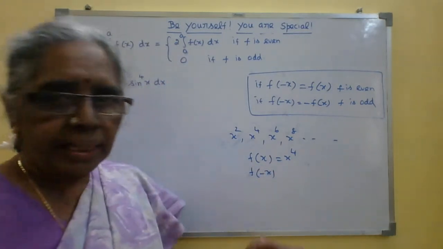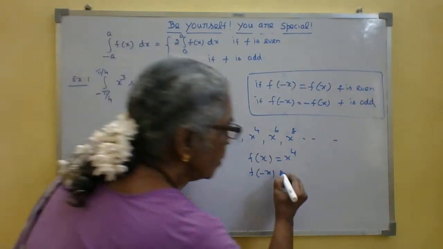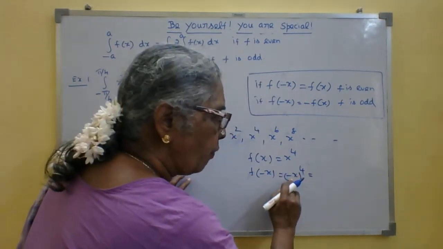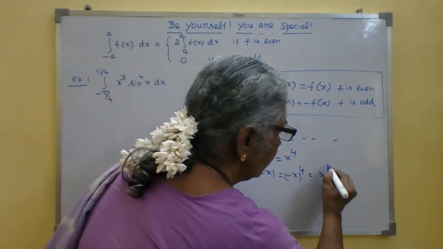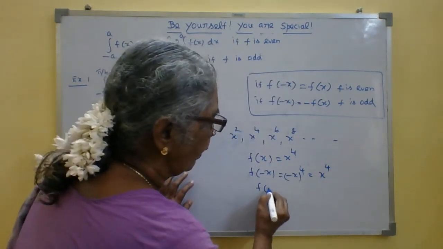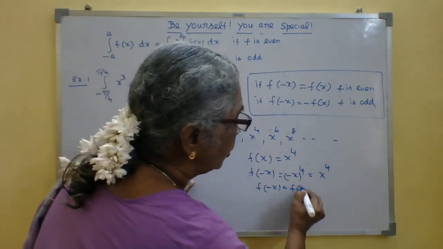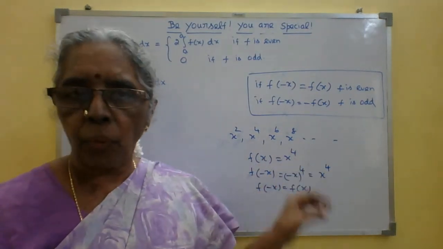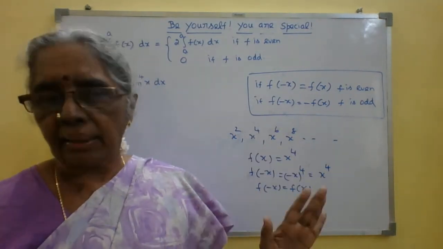In the place of x, I have to put minus x. So I will get (minus x) whole power 4. Because you have a power 4, the minus will become plus. So you will get x power 4. Then f(minus x) is equal to f(x). So here f(x), that is x power 4, is an even function.